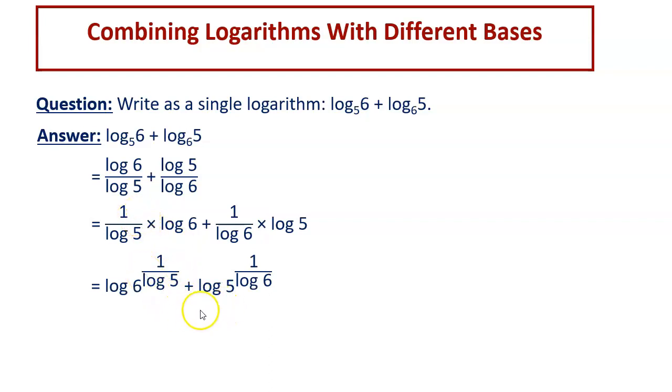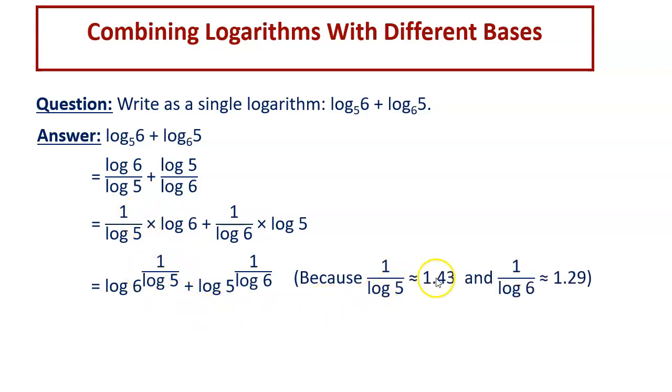Because 1 over log of 5 or 1 over log of 6, these are basically numbers. If you use a calculator, you get 1 over log of 5 as approximately 1.43 up to 3 significant figures, and 1 over log of 6 as 1.29 up to 3 significant figures.